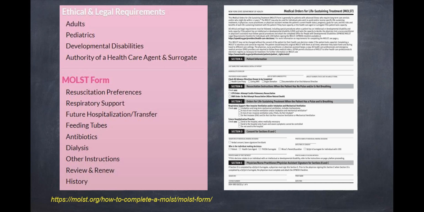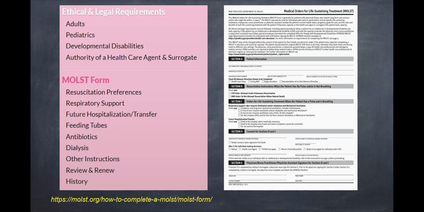If you look on the right side, this is an example of a MOST form for New York State. It gives the information of the doctor, the patient, and what kind of advance directives they have. Do they have a living will, healthcare proxy, any organ donation? This makes it easier for everybody in case of an emergency.